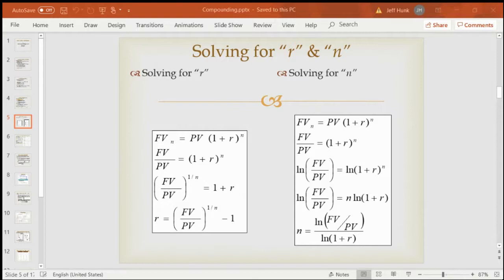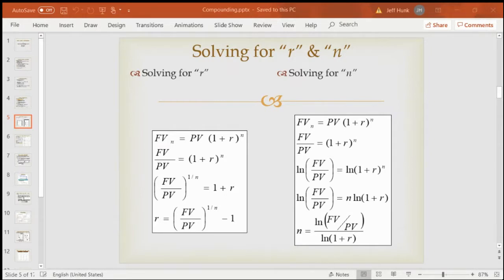So anyway, we will need to isolate this term, 1 plus r raised to n, because we cannot get to n directly. We'll have to get to whatever we can. So first, I would isolate this term. So then, in the left-hand side will be FV over PV.